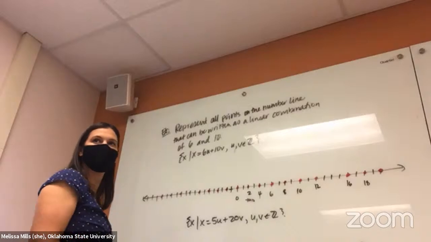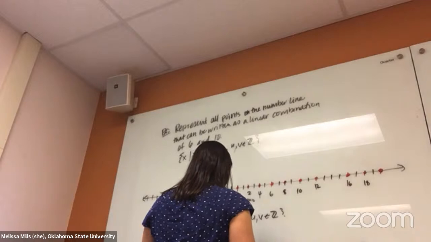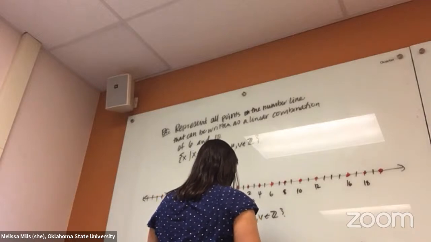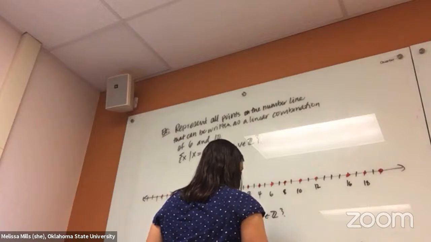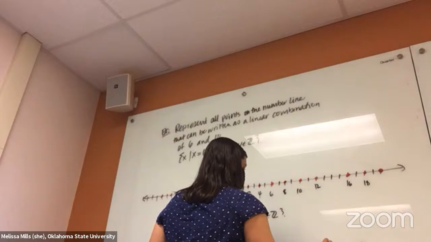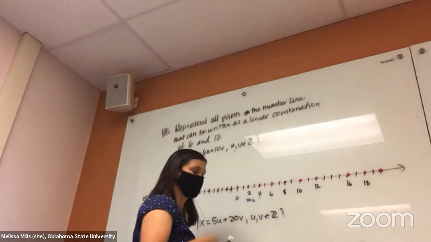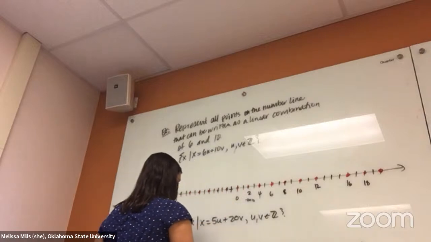What do you think? Who's in there? 5? Every multiple of 5? Yeah, because 5 is in there. Can we get anything else? You get 15, 10, 15. Yeah, so any multiple of 5, right?